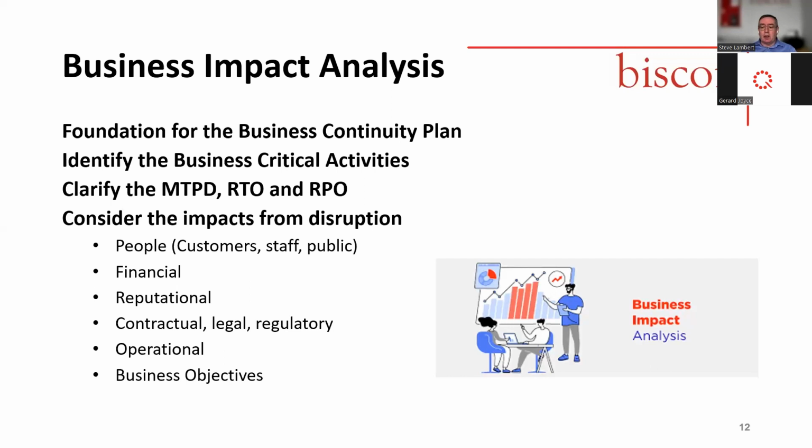And then finally, the business objectives. As an organisation, I'm sure you've got objectives for the next year or five years. Is that incident going to have an impact on those business objectives? And then consider your resource requirements. Again, I'll come on to the resource requirements as part of business continuity in a few slides.